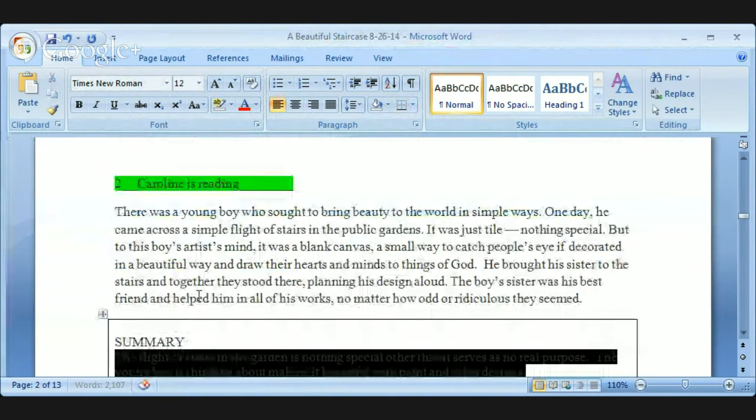There was a young boy who sought to bring beauty to the world in simple ways. One day, he came across a simple flight of stairs in the public gardens. It was just tiled, nothing special.